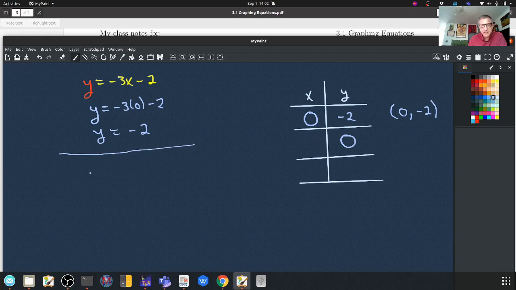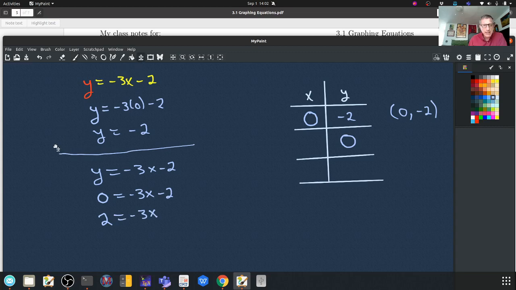The next says start with your equation y is equal to minus 3x minus 2, but plug in 0 for y and solve for x. So I have 0 is equal to minus 3x minus 2. I'm going to move 2 to the other side, so I get 2 is equal to minus 3x.